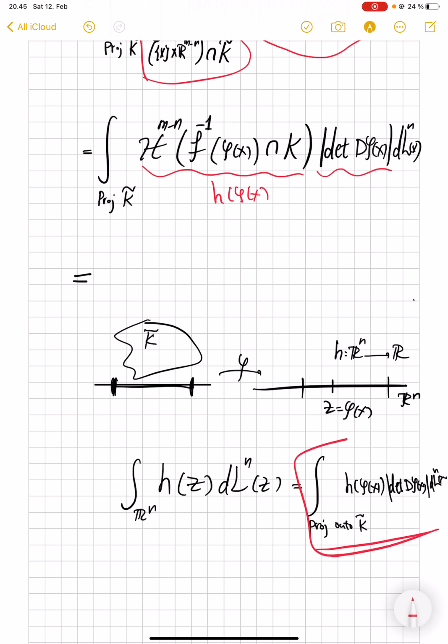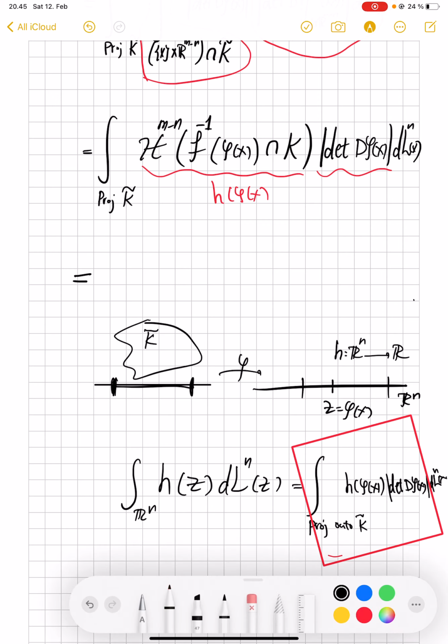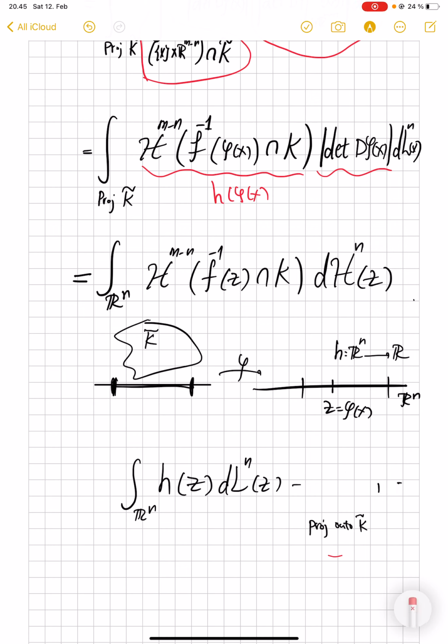So it's this side here. Therefore, this is just the integral over the image of the projection of H^(m-n) of f inverse of z intersected with k, dH^n z. And this is the right hand side in the Coarea formula that we were seeking.